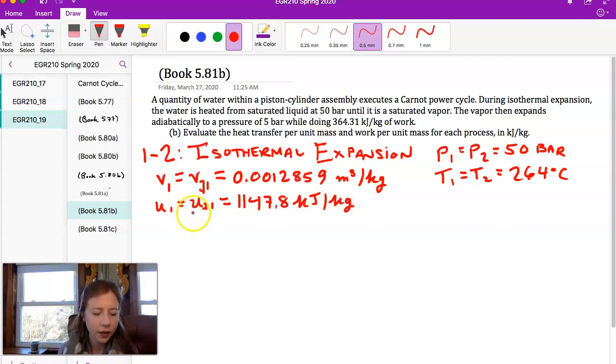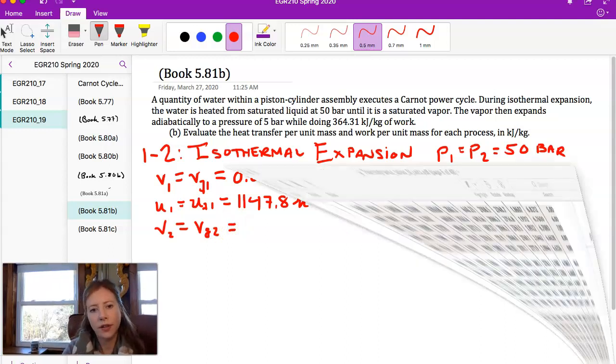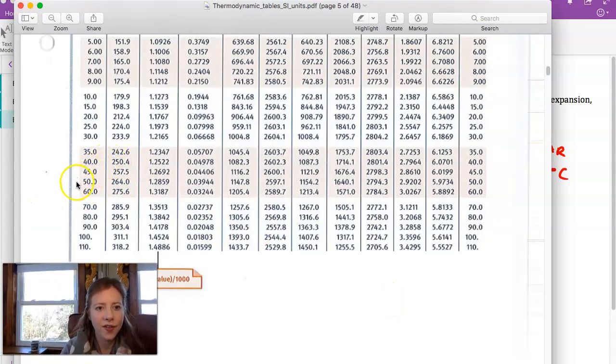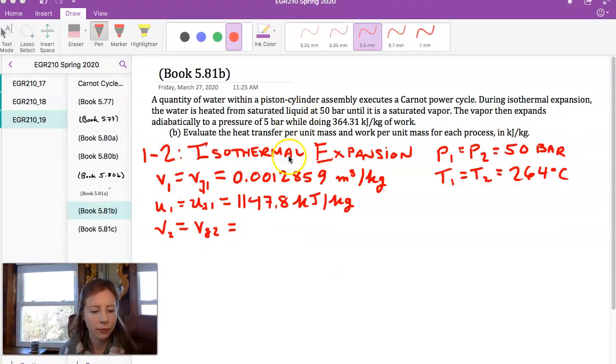Okay, next, V2 is going to be where our X is 1, so at our saturated vapor, so VG. Okay, so let's look that one up. So at 50 bar, VG is going to be 0.03944 meters cubed per kilogram.